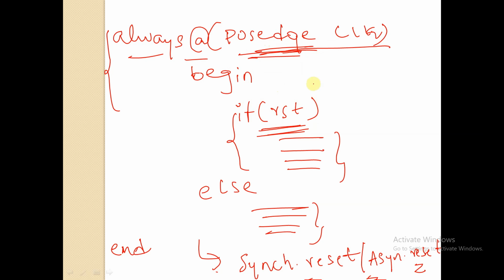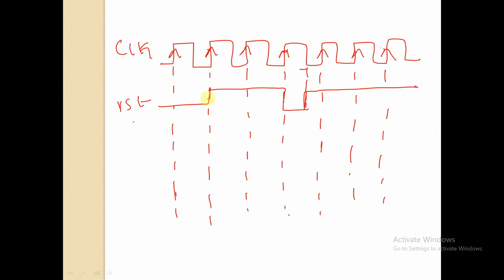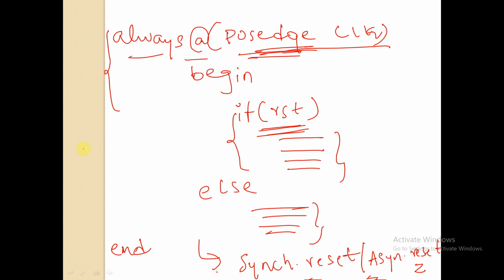So my reset will work only if there is a posedge of clock. My reset will not work when there is a negedge of clock. Only if at posedge of clock I apply my reset signal, my statements will be executed. That's why the design is synchronous reset. Synchronous means the reset signal is working with the clock.